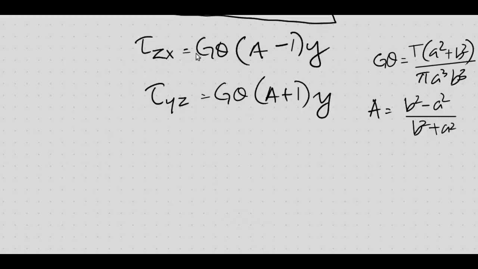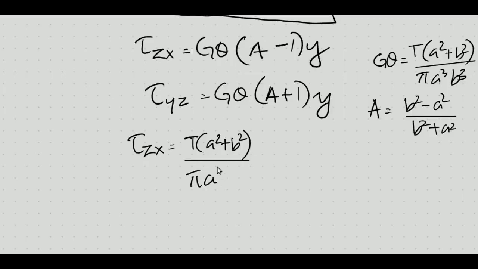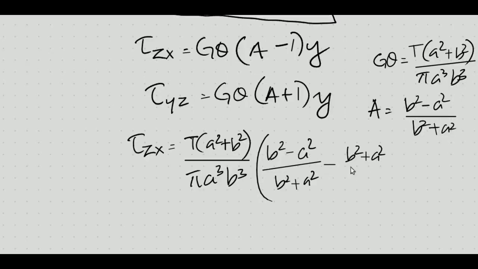Substituting these values in the term for τzx, we get T into (a² + b²) divided by π a³ b³, into (A − 1), where A can be written as (b² − a²)/(b² + a²) and 1 as (b² + a²)/(b² + a²), into y.